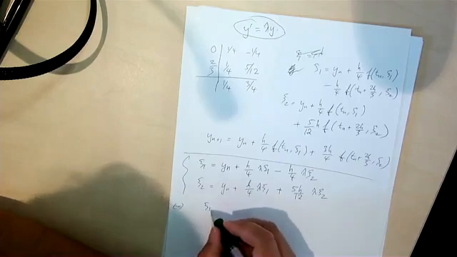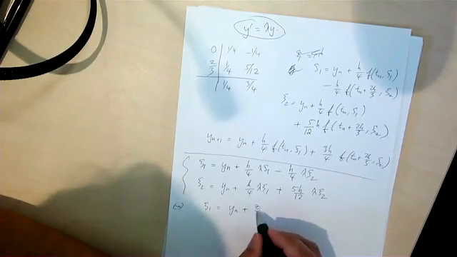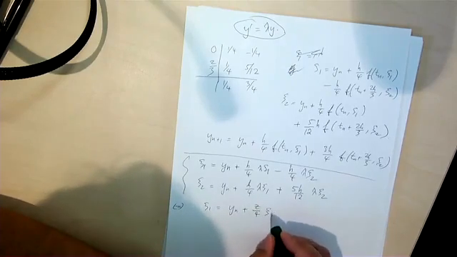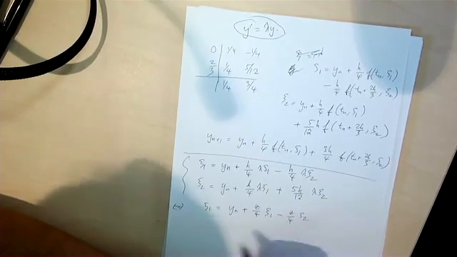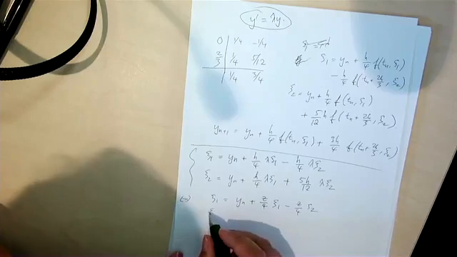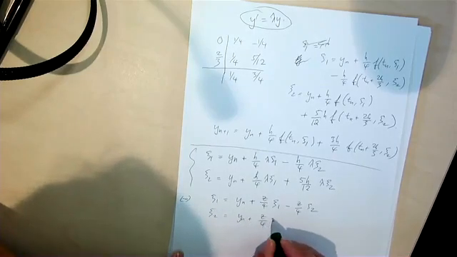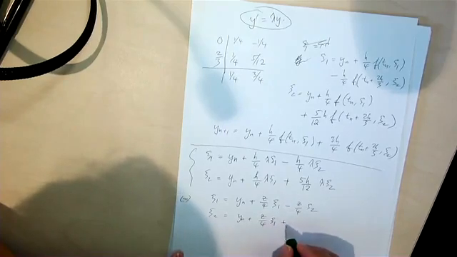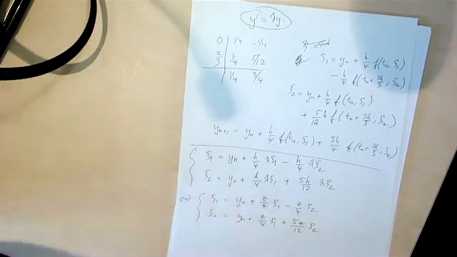So xi1 will be yn plus z/4 xi1 minus z/4 xi2, and xi2 will be yn plus z/4 xi1 plus 5z/12 xi2.